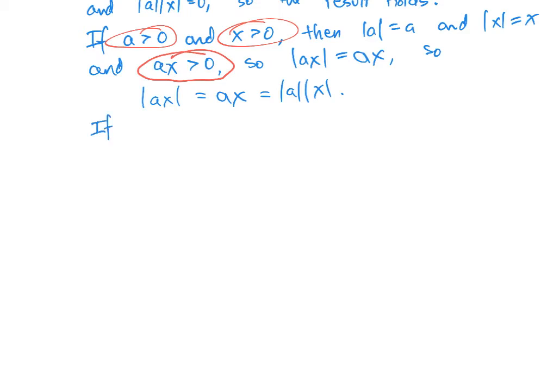Let's say we wanted to finish this proof, even though we're not going to right now. If a is greater than 0 and x is less than 0, let's do this one final case here. Then the absolute value of a is a, and the absolute value of x is minus x.